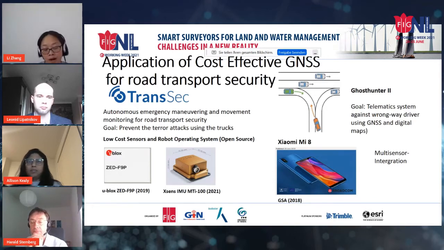But as far as I know, one of the weaknesses of the smartphone is its antenna. I know that some researchers use, for example, an external high-end antenna, or just put the smartphone on a choke ring with open sky and a very short baseline, and you can really even get centimeter level accuracy, which is really amazing.